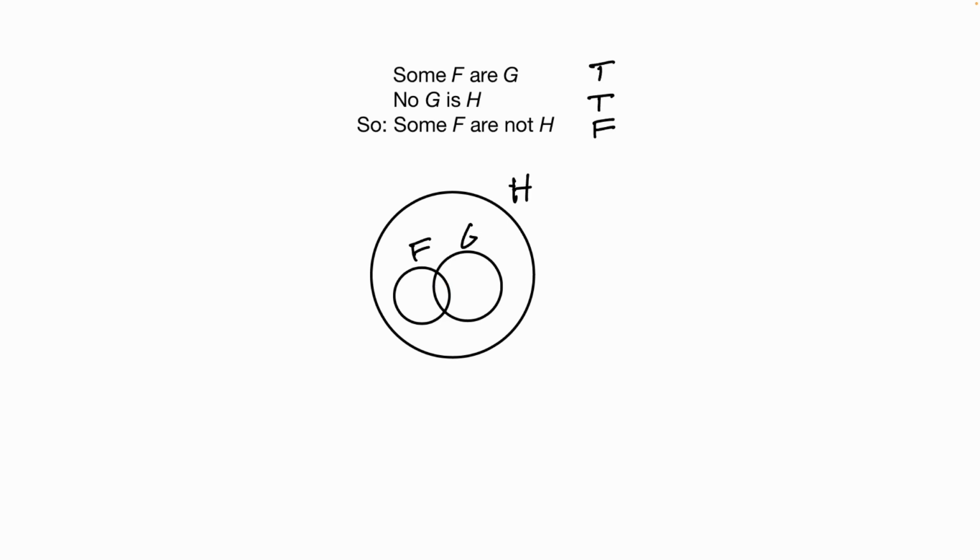It doesn't have to be exactly how it's depicted here. There could be some things that are G that are not H, like these things out here, but because G and F, based on the first premise, are going to have to overlap at least a little bit, there are going to have to be some things that are G and H. And so this second premise is going to have to be false.